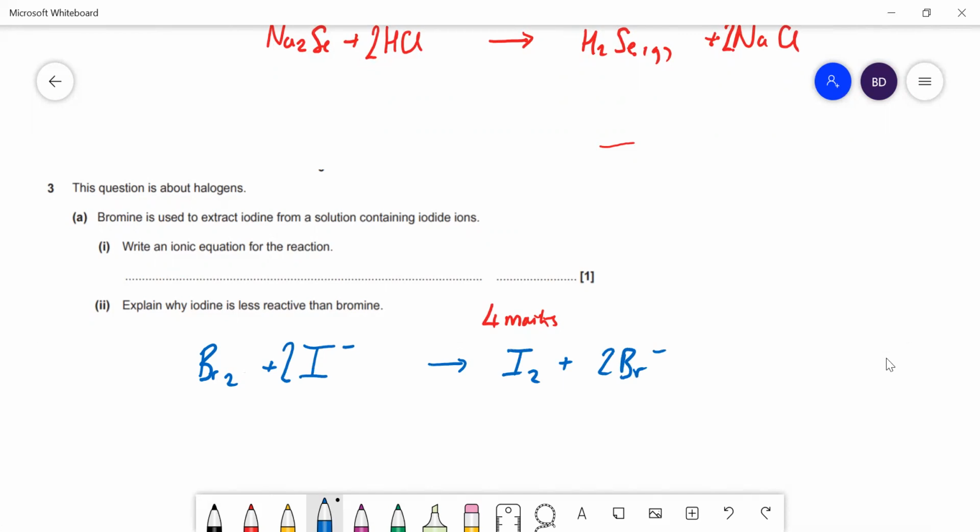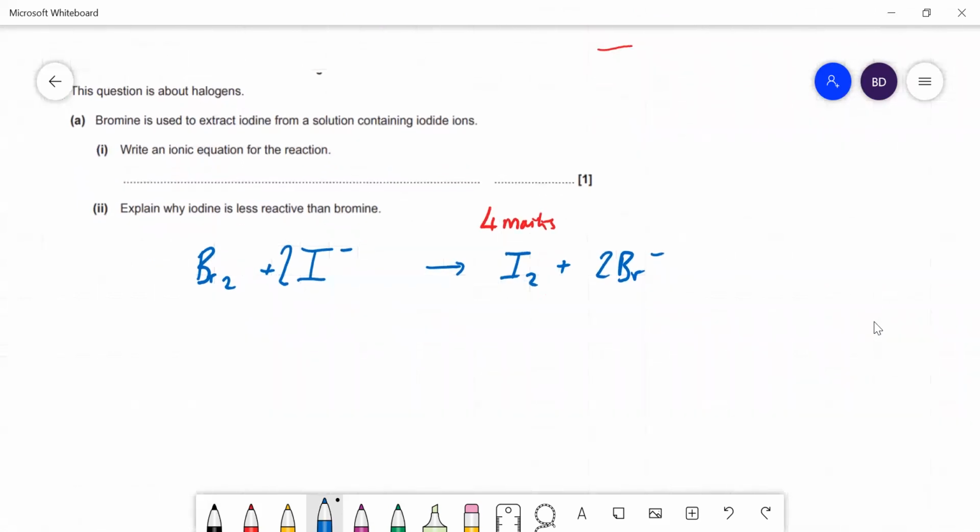Explain. So there's 4 marks for the whole thing. Why is iodine less reactive than bromine? Right, what do we need to do? So probably 3 marks for this. When they both react, they both accept electrons into the outer shell.